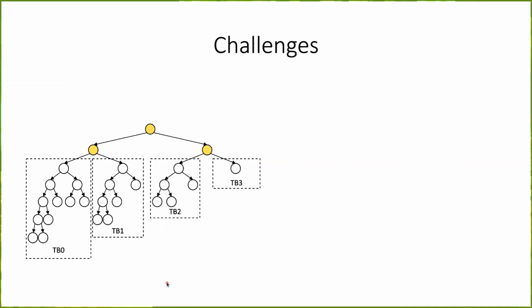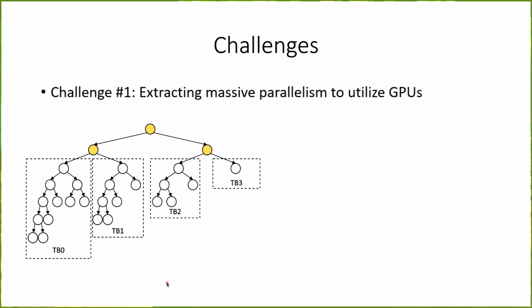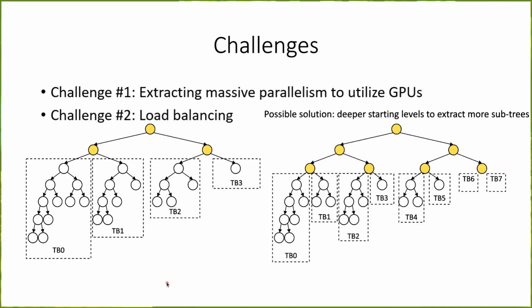Parallelizing the branching algorithm comes with some challenges. The first is extracting massive parallelism to utilize the GPUs. The second is load balancing. If we take, for example, the search tree from the previous slide, a possible solution would be to start at deeper levels.